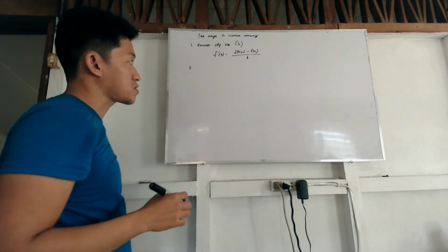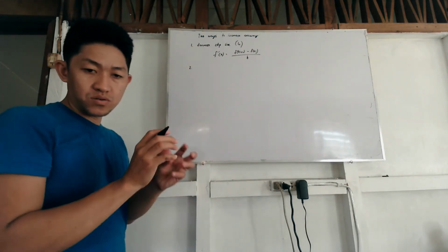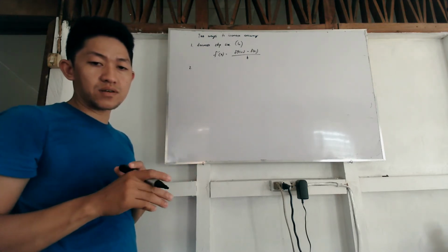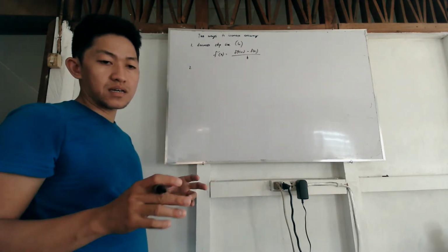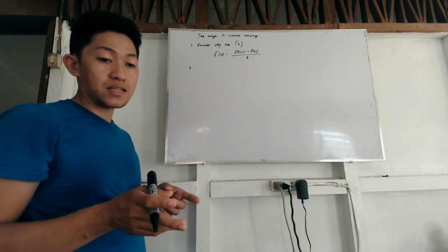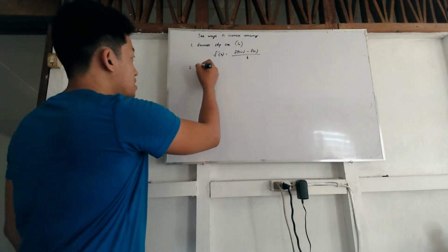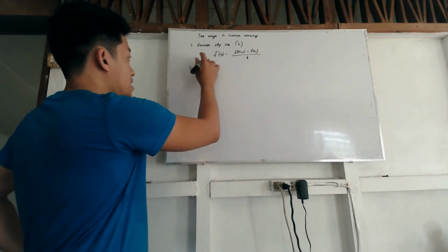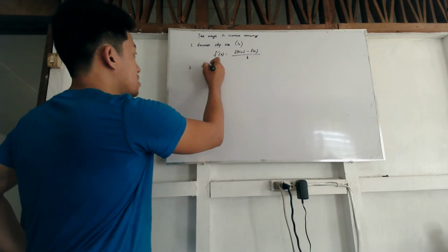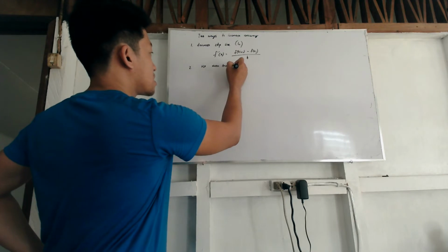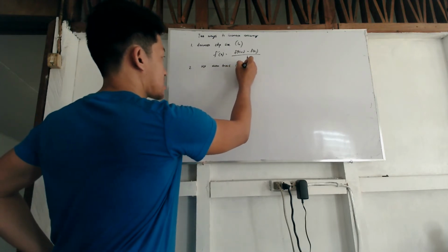Second way is to use higher accuracy, or increase the number of terms in the Taylor series. Say for example, you use up to second order, using more terms in the Taylor series.